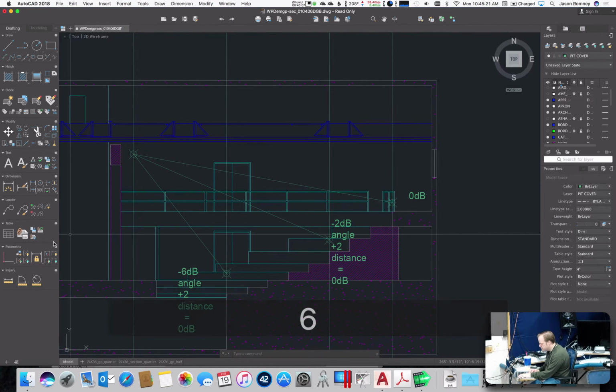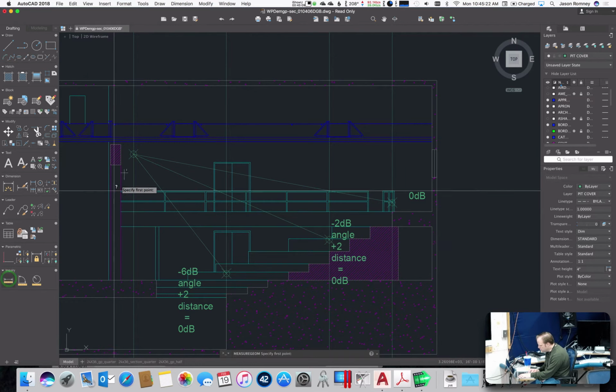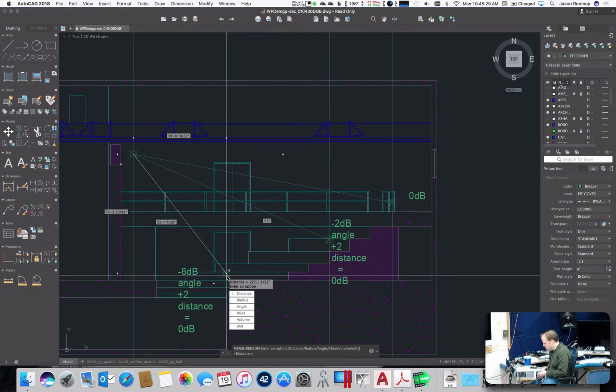Now, what about distance? Anybody remember what the distance to the back row was? Did you write that down? Distance to the front row is 22 feet. So 22 feet as compared to distance to the back row. What's our difference in level there? Anybody? Does anyone remember what the back row distance was?